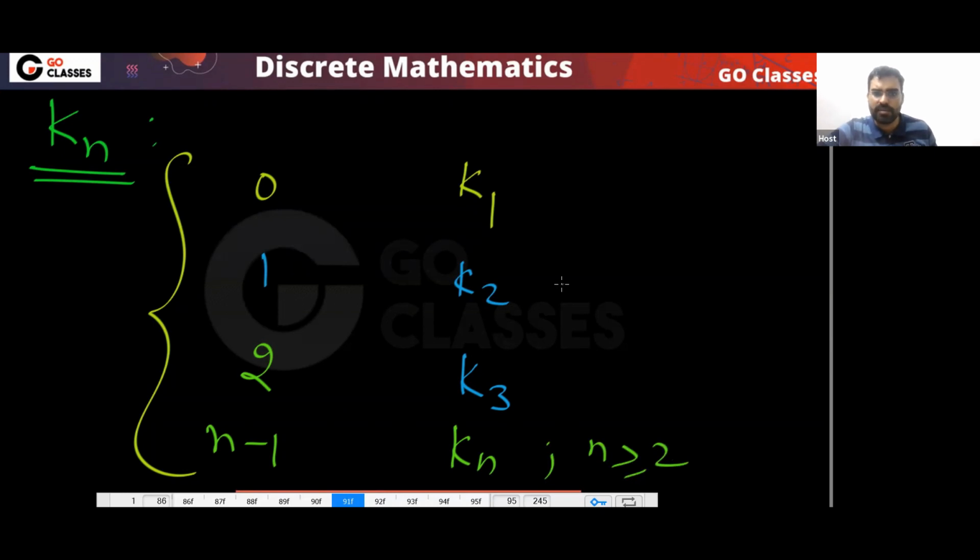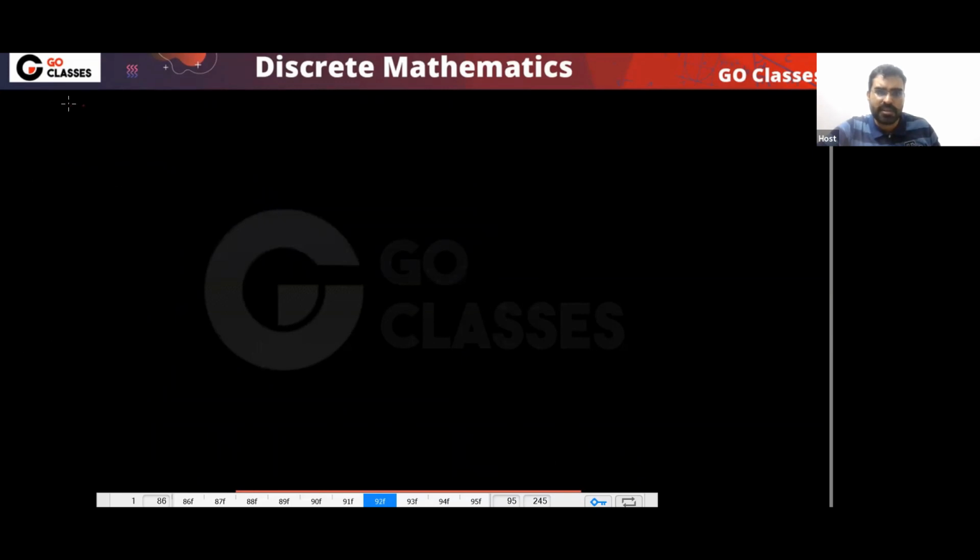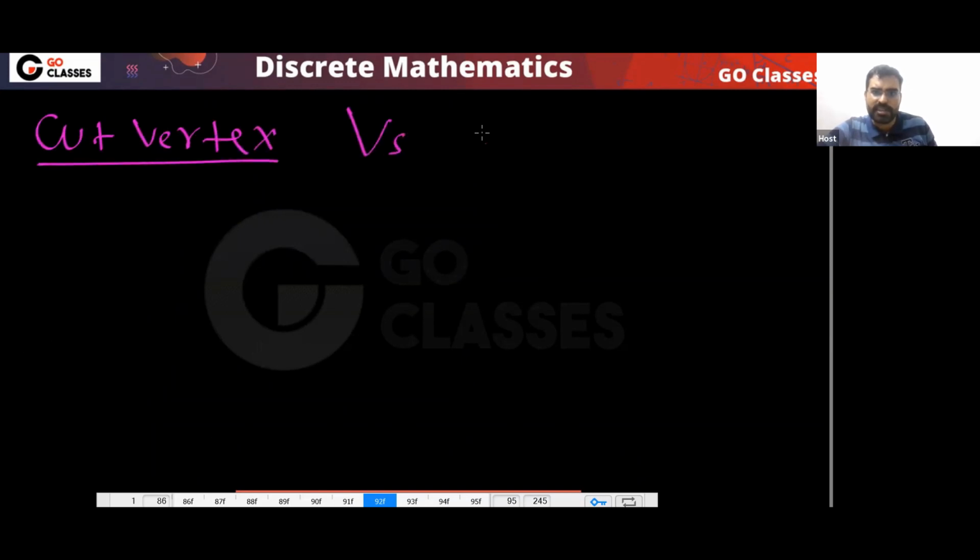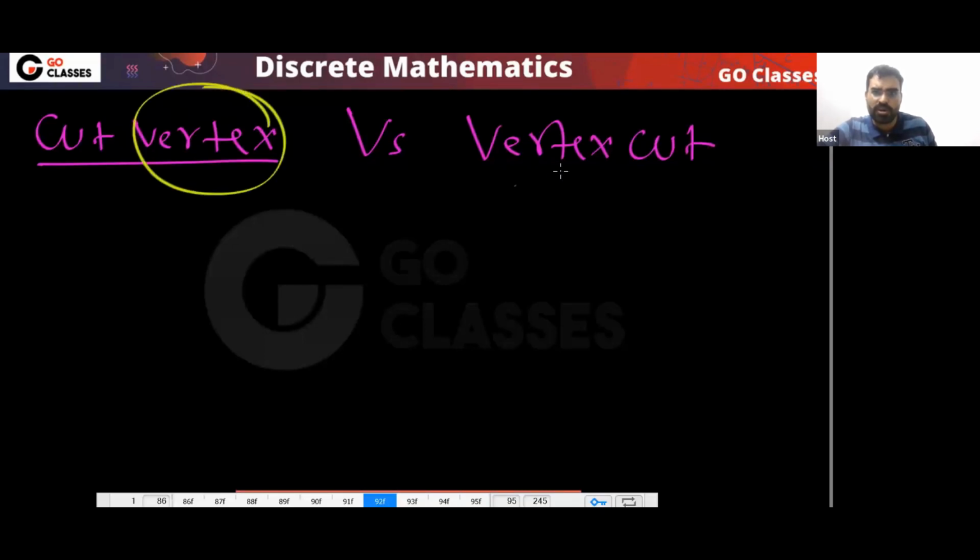Very simple. Tell me one more thing. Please understand the difference between cut vertex and vertex cut. Here the focus is on vertex, and here the focus is on set.